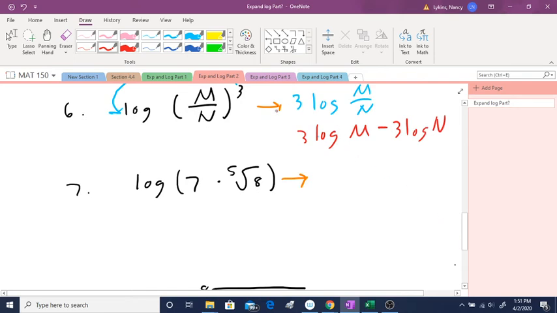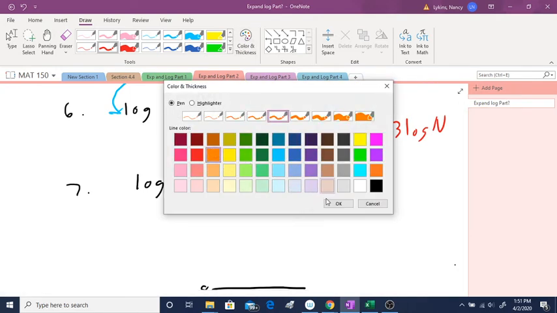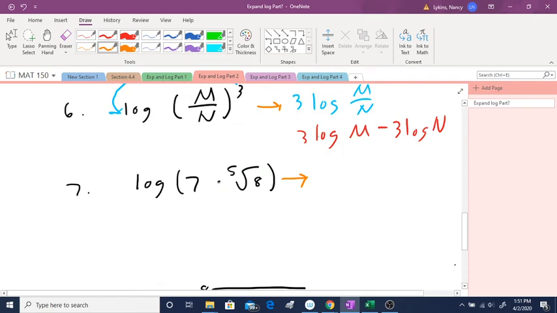Next, I have log of 7 times the 5th root of 8. So what I want to do on this one is I see a multiplication symbol. That's the product rule. I see this 5th root, that means exponent. So first of all, I'm going to separate by saying log 7. Since it's multiplying, I'm going to add. I cannot do anything with the log 7.